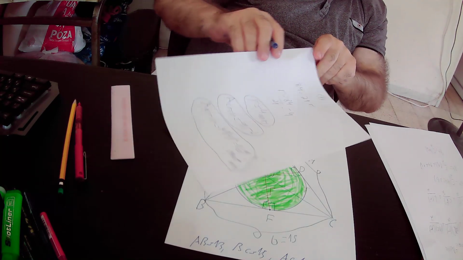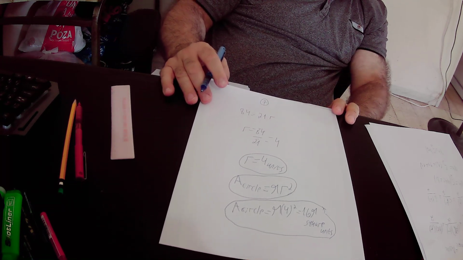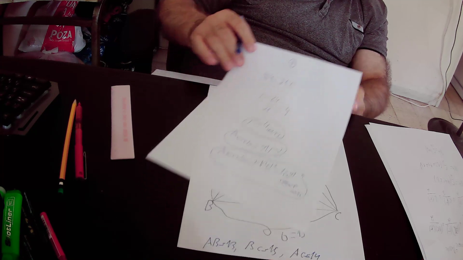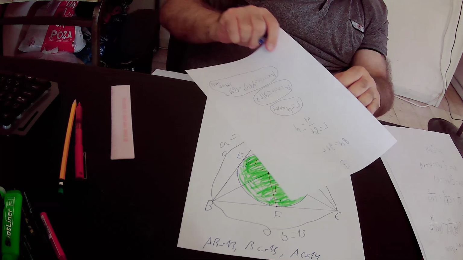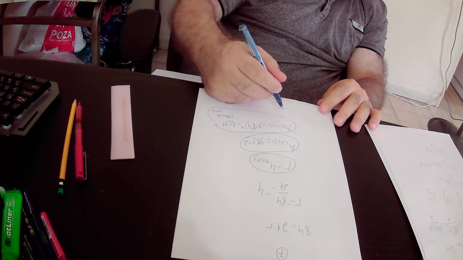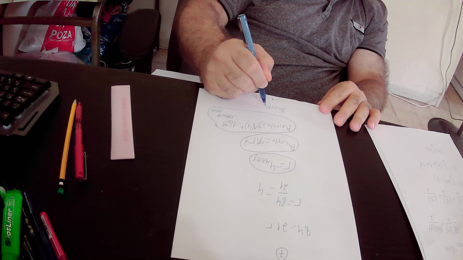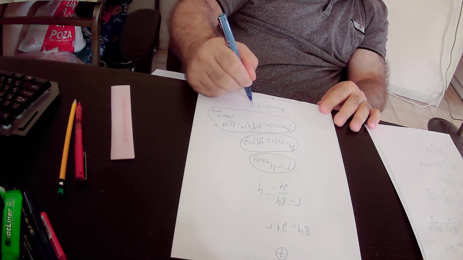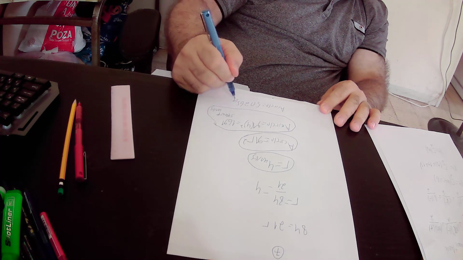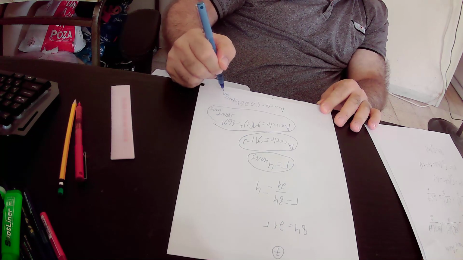So the area of the green circle equals 16 pi square units, or in terms of numbers, the area of this green circle will be equal to 50.265 square units.